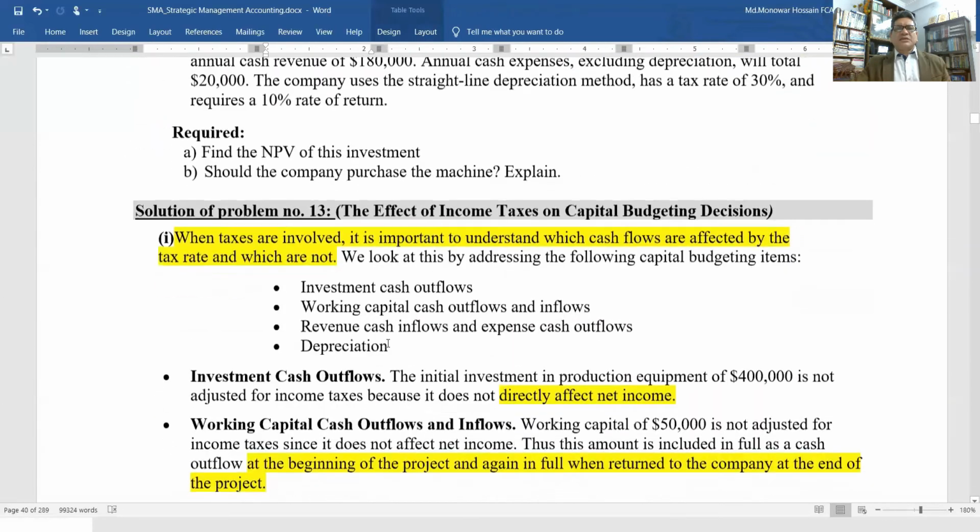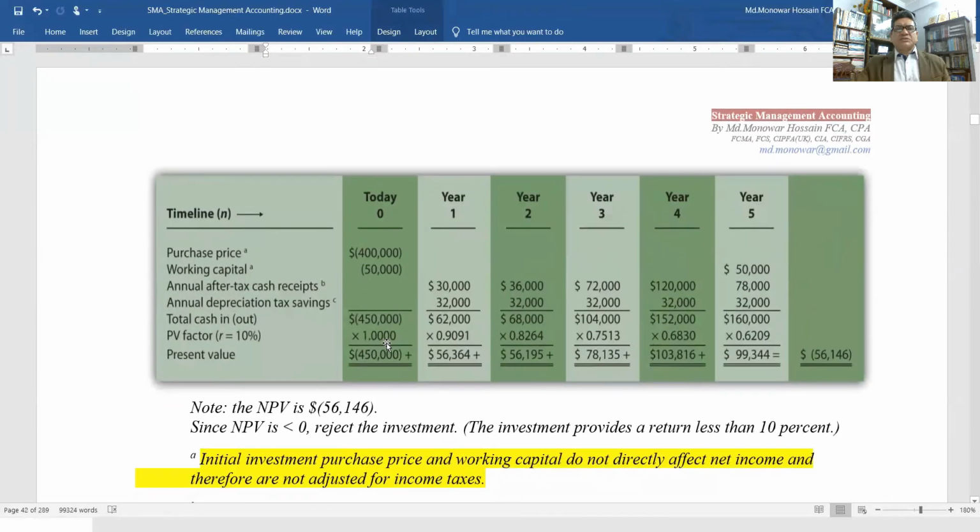50,000 becomes 30,000 after tax adjustment, 3672, then 1 lakh 78,000. And here, the working capital is released after 5 years. So total cash in and out. Look here, the payback factor at 10%.